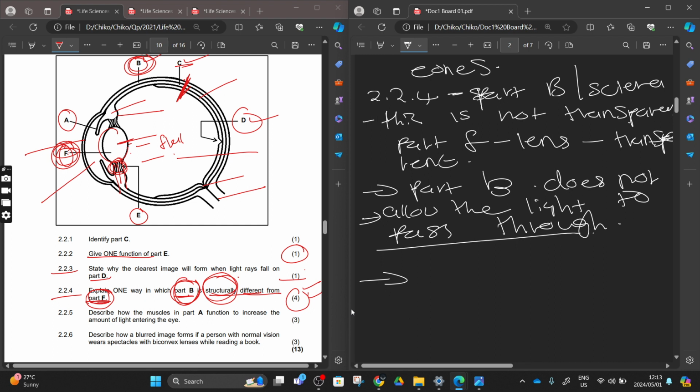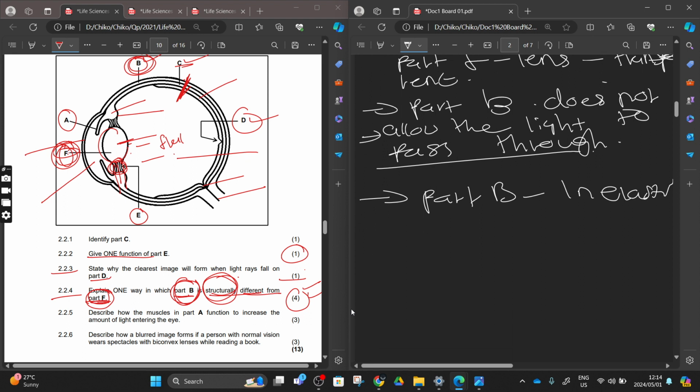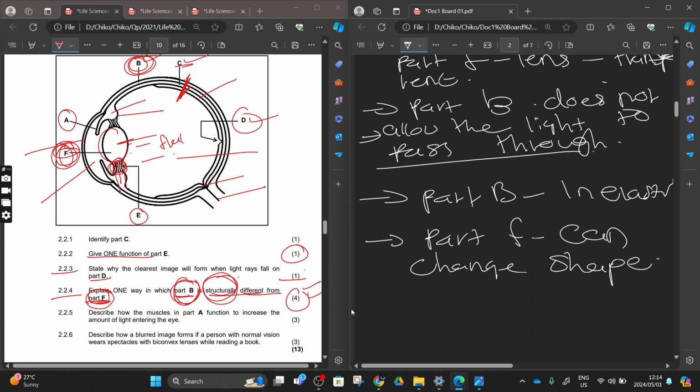Let's find another one. Part B is inelastic. We learned about this. Part B is inelastic, or it maintains its shape, but part F can change shape. You know this from when we did accommodation.